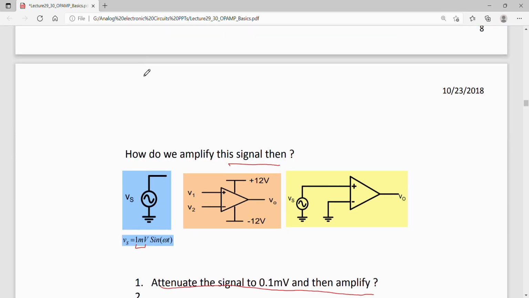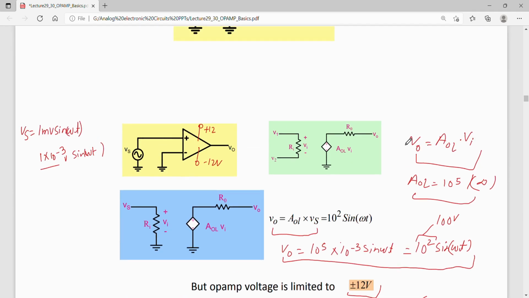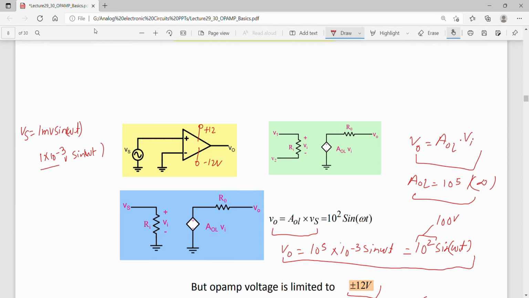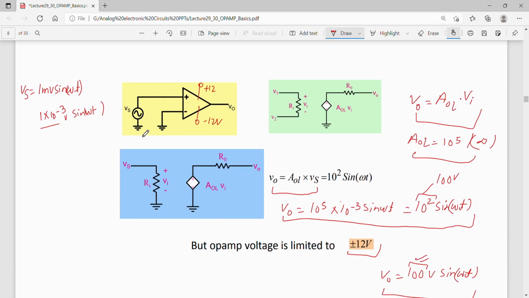So for example, this configuration, which is open loop, we had seen earlier. So this was an example of open loop configuration. I'll write over here that this was open loop configuration, and we had seen that the output is uncontrolled here. 100 volts, which cannot be achieved.